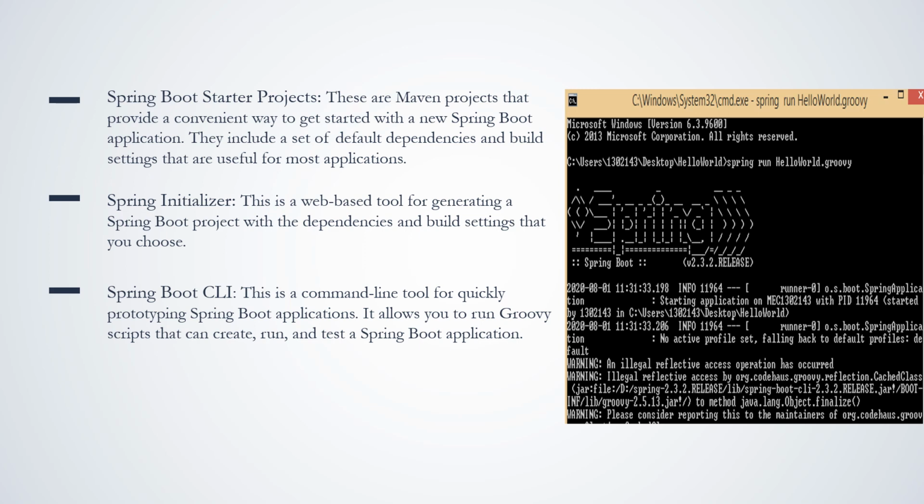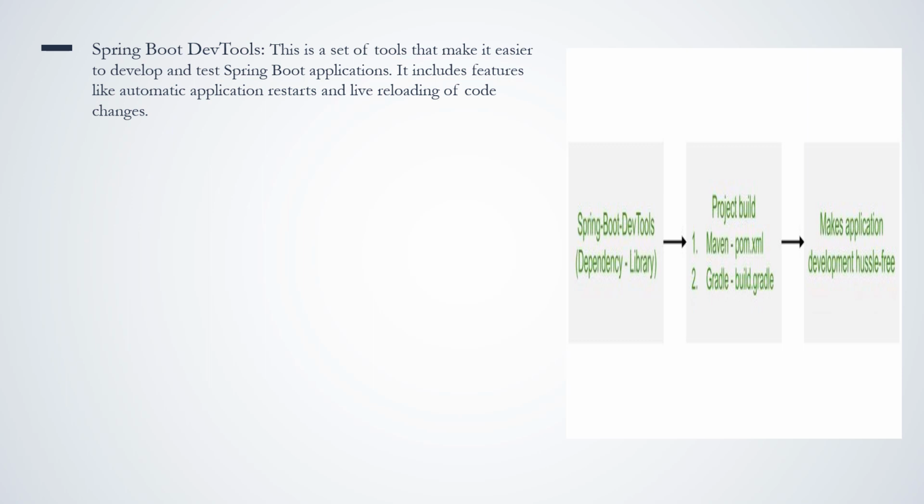The next thing is Spring Boot Dev Tools. Spring Boot Dev Tools is a set of tools that make it easier to develop and test Spring Boot applications. Basically, Dev Tools is like a developer's kit. This kit includes features like automatic application restarts and live reloading of code changes, which are usually more useful for developers.